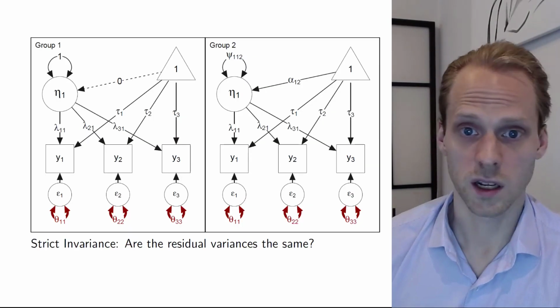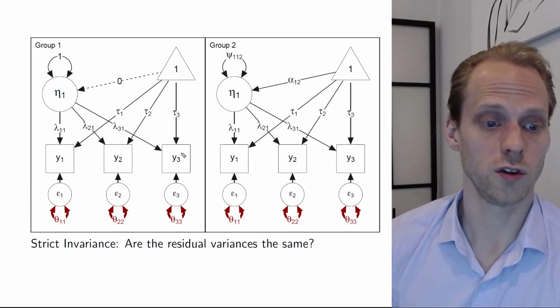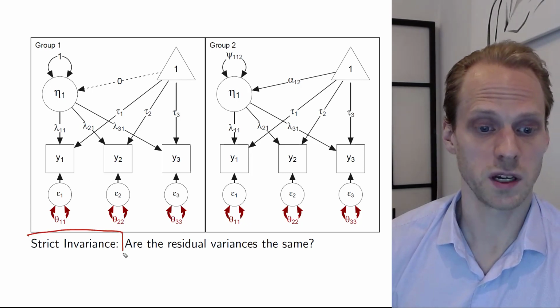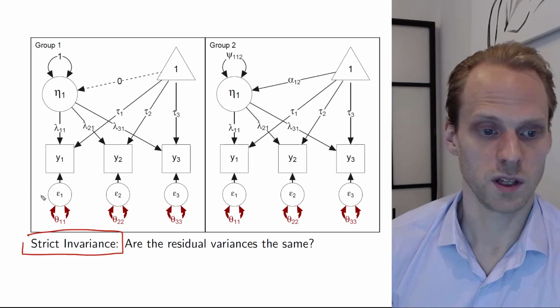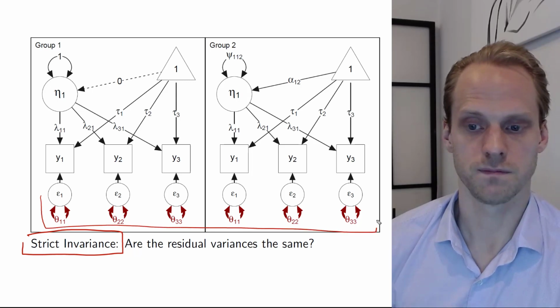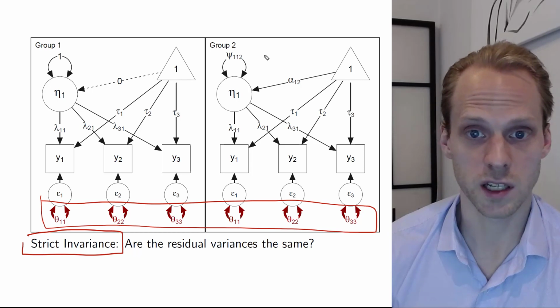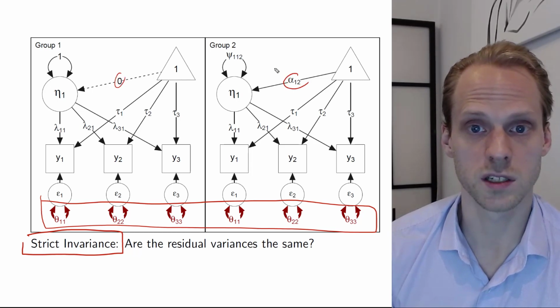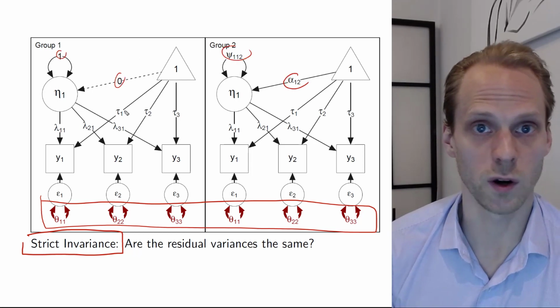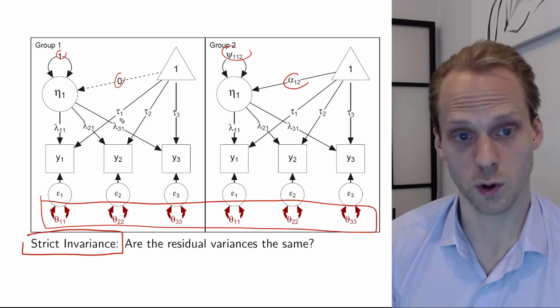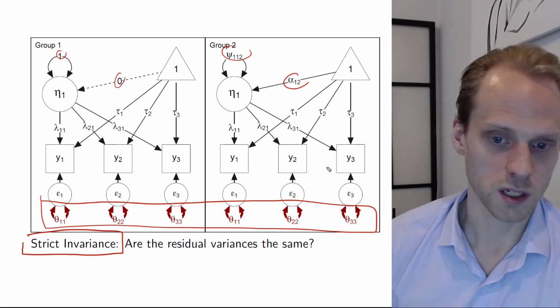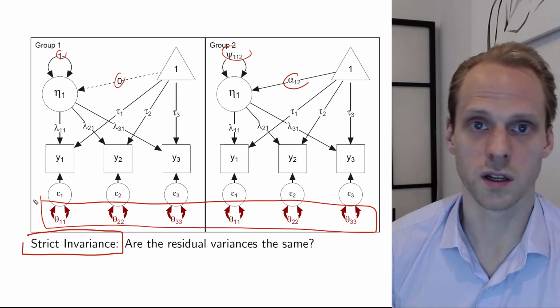And then the final step would be to establish strict invariance, where we test if the residuals are the same. And this we actually don't need for the homogeneity test. For the homogeneity test, we're going to look at the means and the variances, and for that we only need partial weak and partial strong invariance. But this is still a useful thing to know.